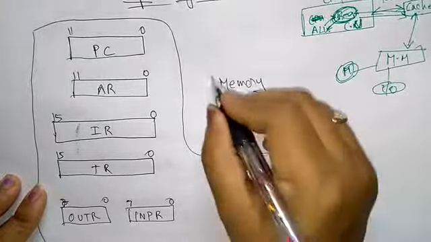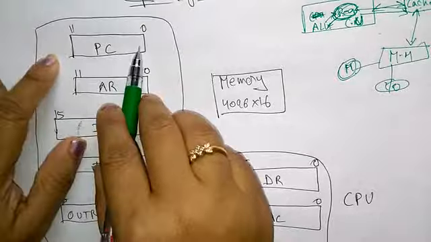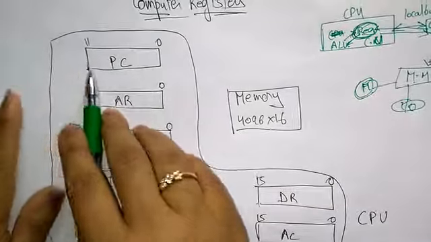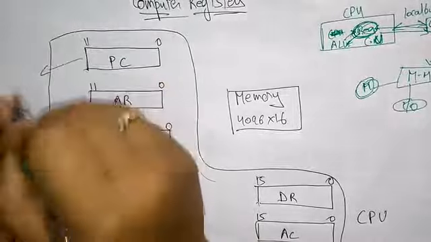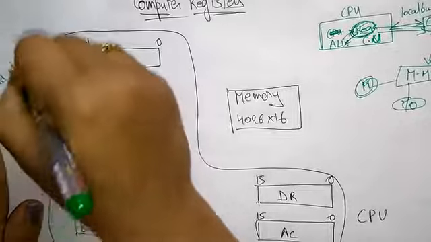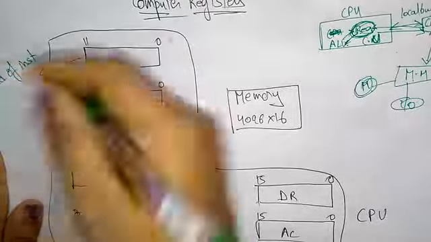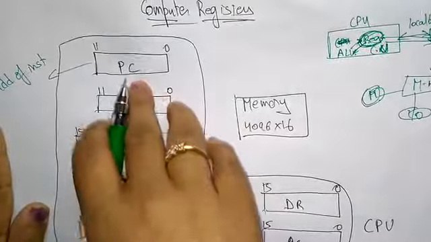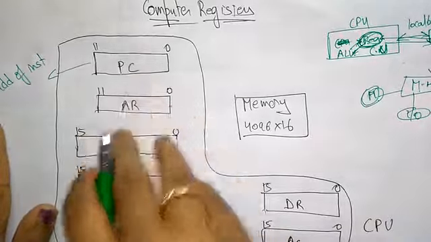Here you can observe the program counter holds 12 bits, 0 to 11. What does it hold? The program counter always holds the address of the instruction. Whatever instruction has to be executed next, that instruction's address will be stored in the program counter.